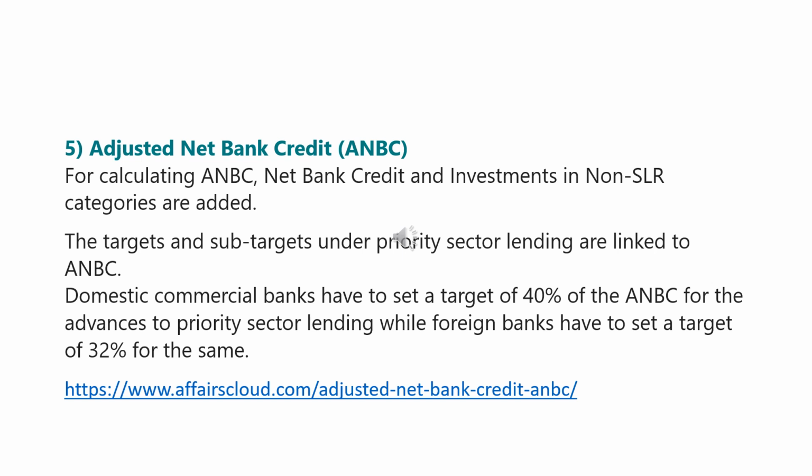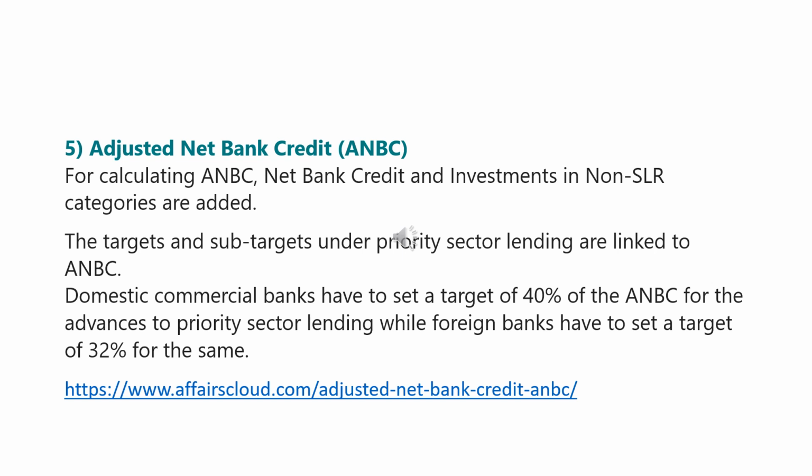Now comes the adjusted net bank credit. For calculating adjusted net bank credit, investments in non-SLR categories are added. The targets and sub-targets under priority sector lending are linked to ANBC, that is, adjusted net bank credit.